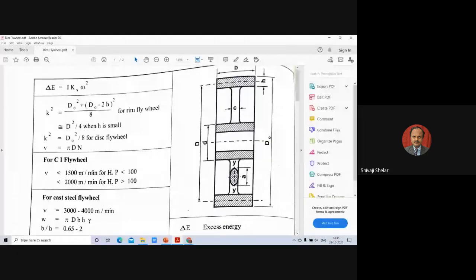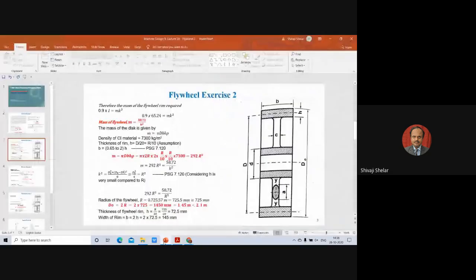You can calculate in meter per second or meter per minute. Now, in our case, it is 10 kilowatt power, which is less than this. So our speed should be less than 1,500 meter per minute. That also we will check. You can see in the calculation we have done the calculation of Do, that is 1.45, which is less than 2.1.